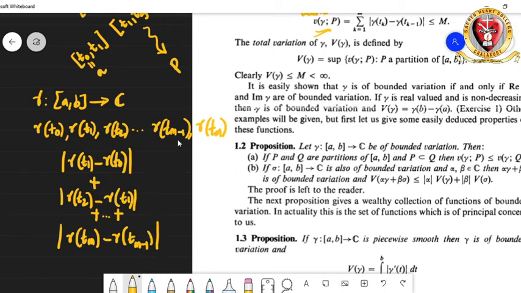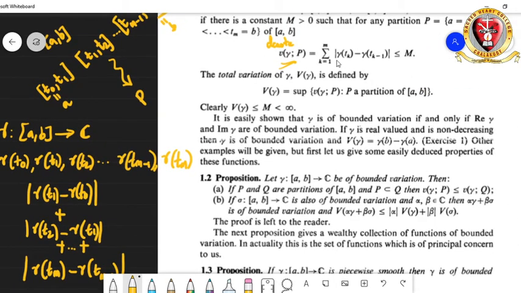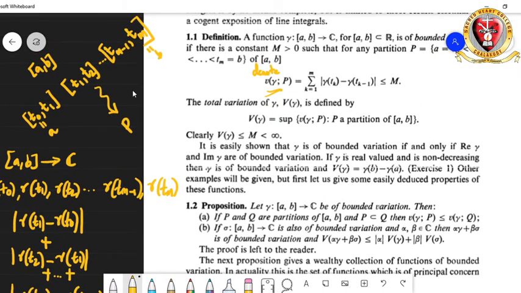This is the sum, and it is written in the notation summation k equals 1 to m of |gamma(tk) minus gamma(tk-1)|. We take the modulus because we are dealing with complex numbers. In order to have a sum less than or equal to M, we need to take the modulus; only then do we get a real number. That is less than or equal to M.